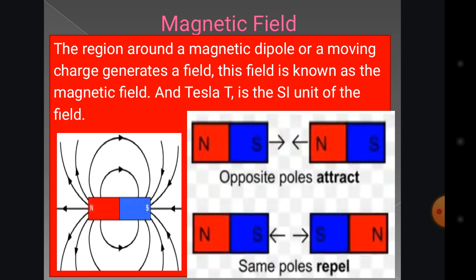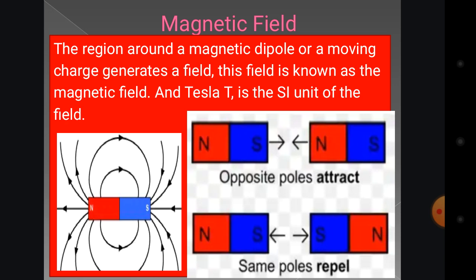When we talk about a magnetic dipole, think of the cardinal points on a map, like the north, south, west and east. A magnet only has a north and a south pole, and that is a magnetic dipole.